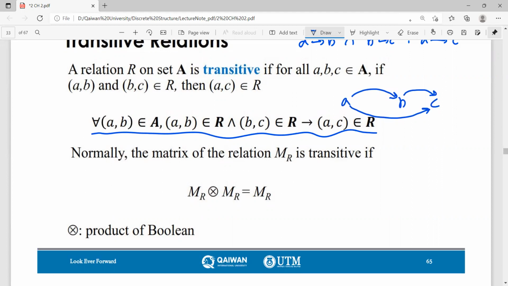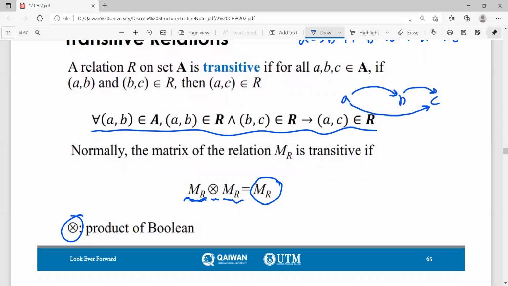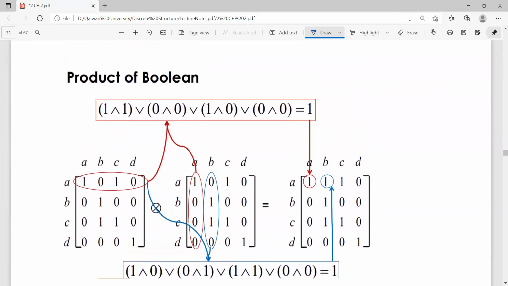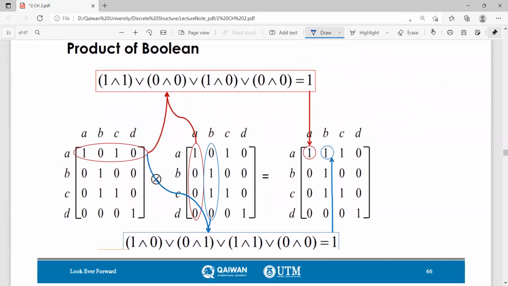In the matrix notation, if the Boolean matrix product of the matrix with itself gives the matrix itself, we say the relation is transitive. I'm going to tell you what the Boolean product is. We multiply the matrix by itself.